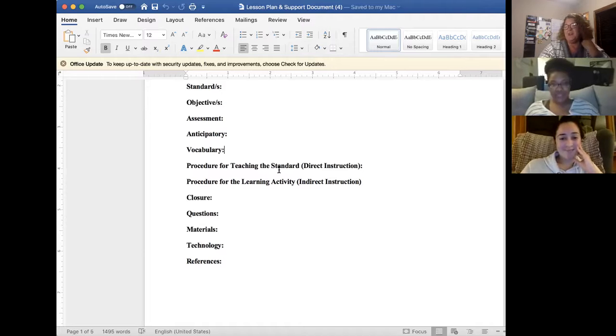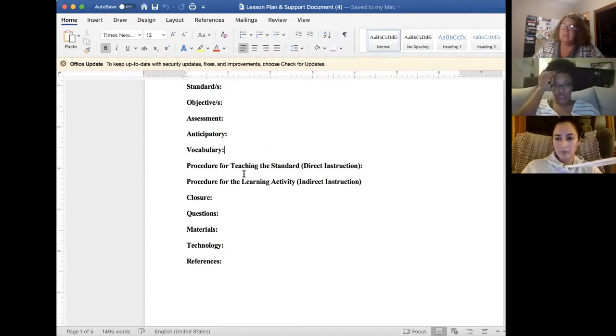All right. In terms of the activities design, I think it refers to it as steps to complete the activity. Getting in a little bit more detail, we refer to it as direct and indirect instruction.